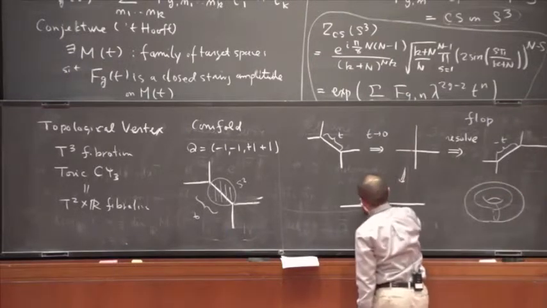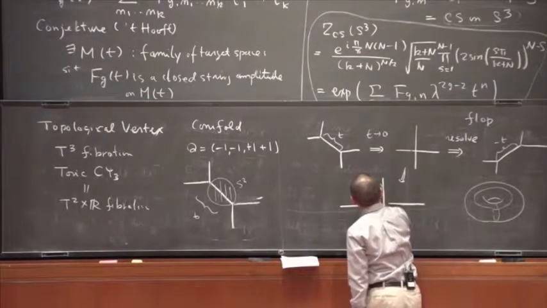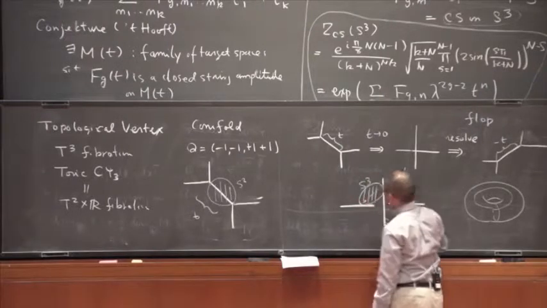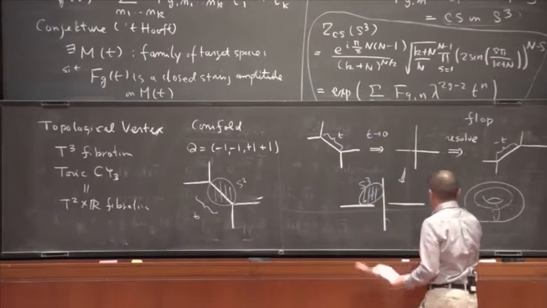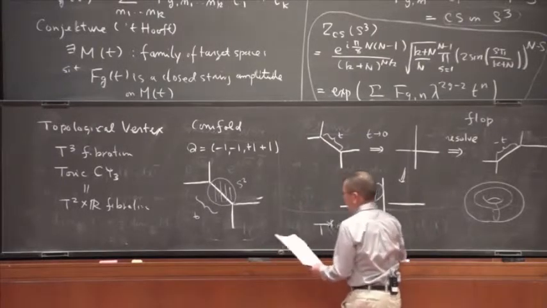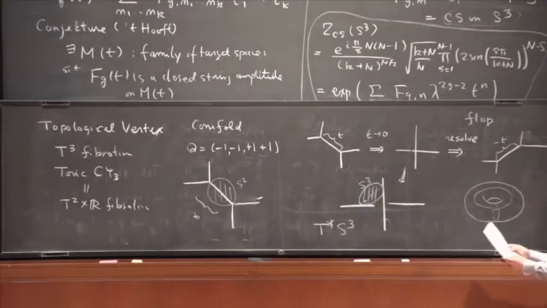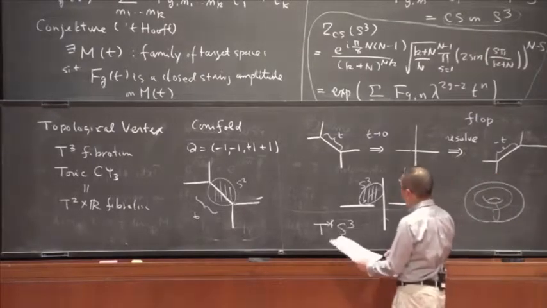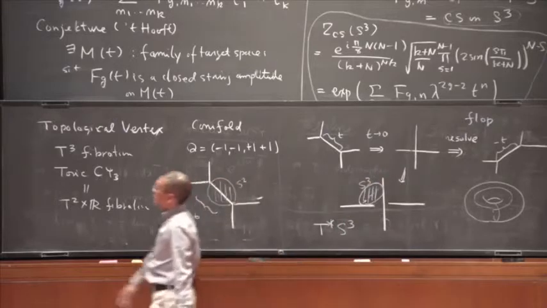So in fact, there is an S3 associated to it. The resulting geometry here is nothing but T star of S3. Okay? And this is actually this side of the geometry.